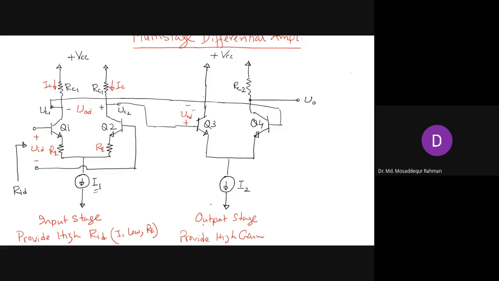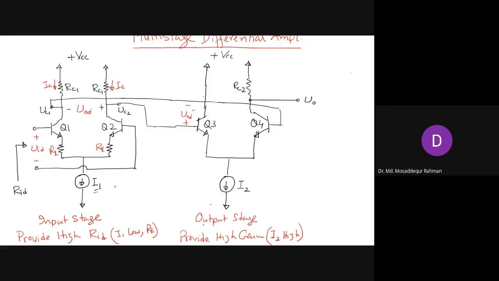In the second case, we need high gain. So in this case, the bias current I2 should be high, so that we get high gm and high gain. So this is the strategy that you can use to achieve both high gain and high input resistance.